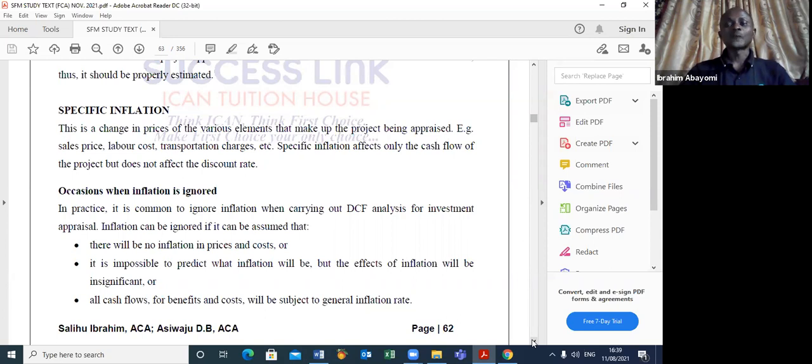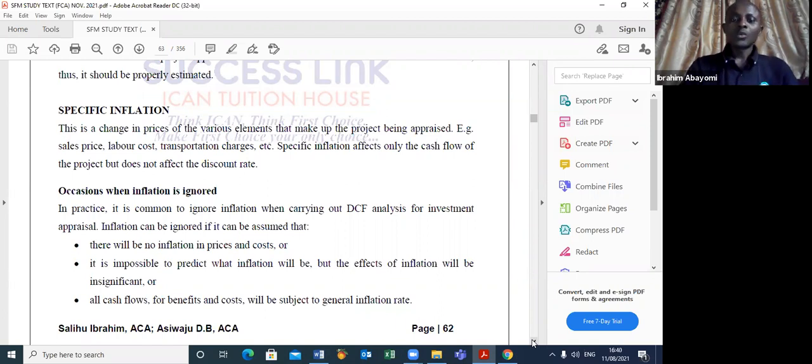For instance, you have your revenue, your variable cost, your fixed cost. Where you see that revenue has its own inflation rate and variable cost has its own inflation rate, this will be regarded as a specific inflation rate. So each specific item in the question has its own inflation rate.